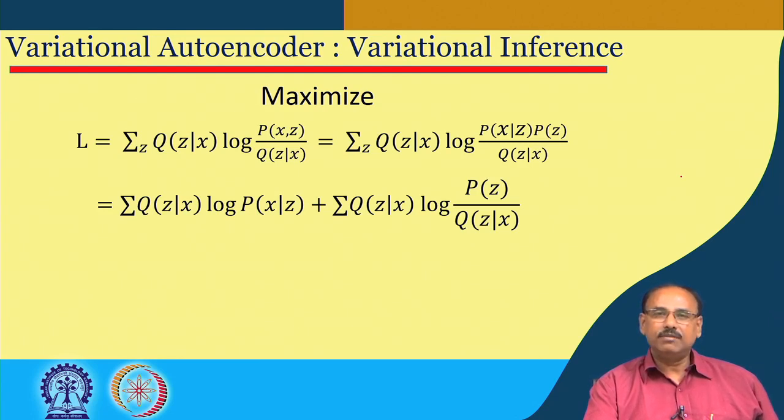This expression can be rewritten as the sum of Q(Z|X) log of P(X|Z) plus the sum of Q(Z|X) log of P(Z) upon Q(Z|X).